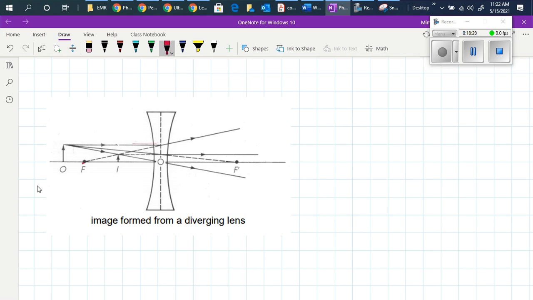The incident ray passing through the focal point, this one here, is reflected parallel to the principal axis. The intersection is the image formed. So in this case, what we will see will be a virtual image, and it is erect, has the same orientation as the object, and it is smaller, it is diminished. Okay.